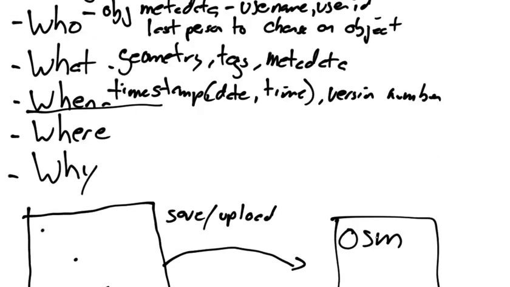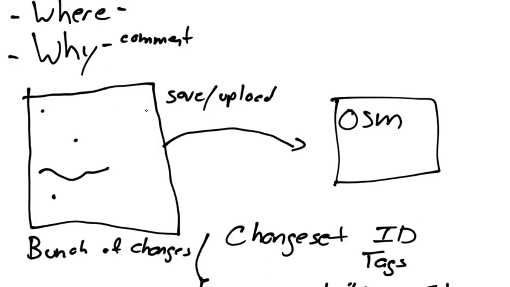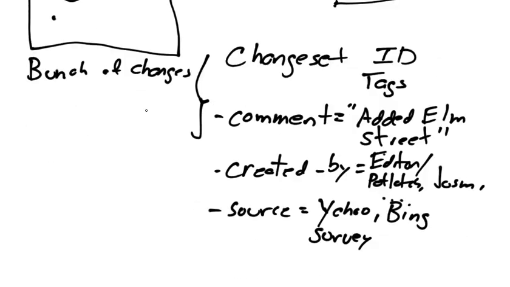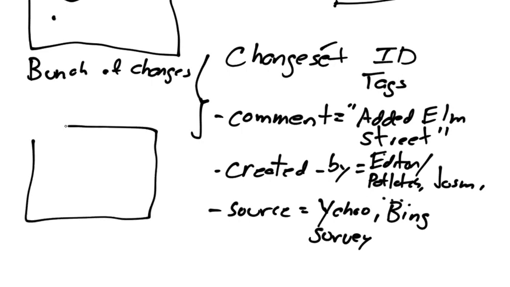So that answers our why, right? Because it will be in the change set comment. And so that just leaves our where. And our where is automatically calculated because OpenStreetMap looks at the change set and finds the area of change. So let's just say this is our worldwide map, and your changes are somewhere here.